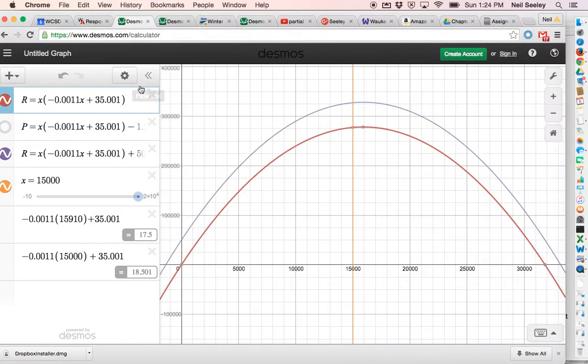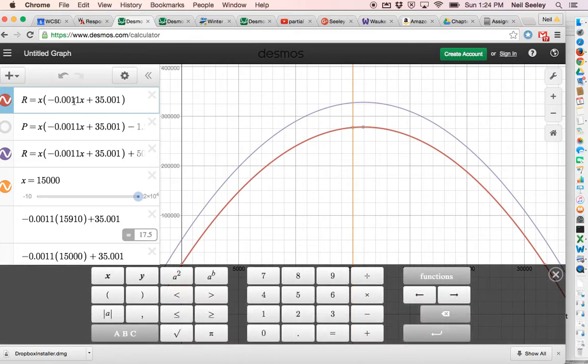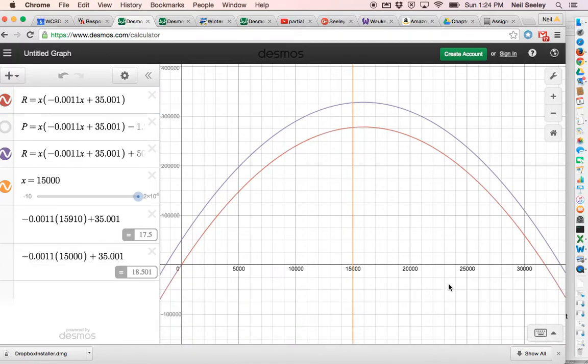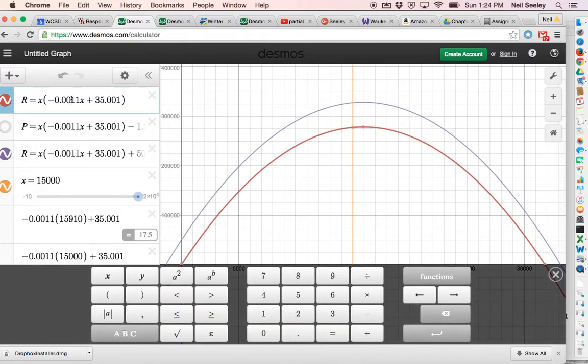Here are some graphs. I chose a demand curve that was linear, and I chose x to be the number of units sold. So when you look at my graph over here, you'll see big numbers on the x-axis because they're units, 15,000 units. And because 15,000 is such a big deal, I even graphed x equals 15,000 so you can see it in there. The top graph is my revenue curve.